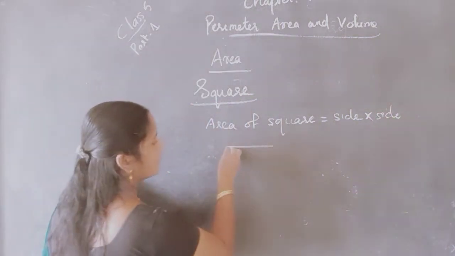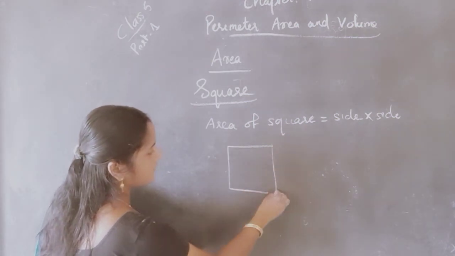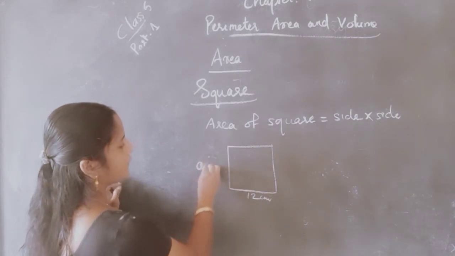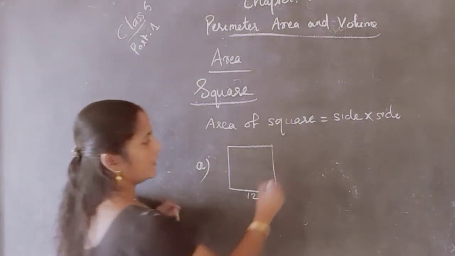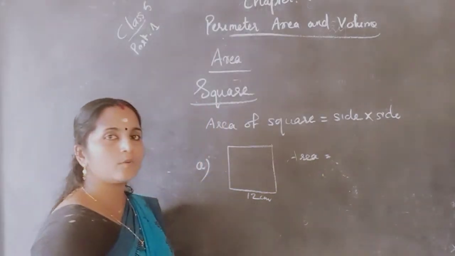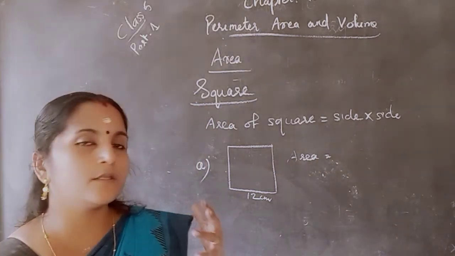So first question, if a square is given like this, 12 centimeter, how do we find its area? Every time while doing the problem you write the equation also, then you can easily learn it by heart.